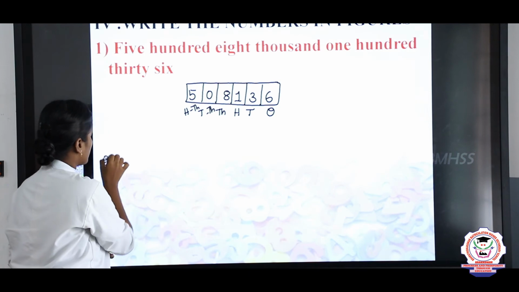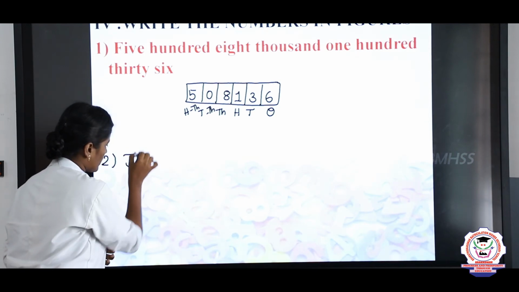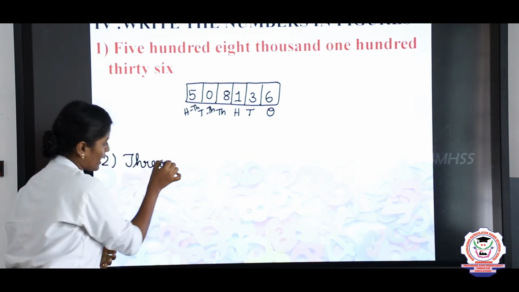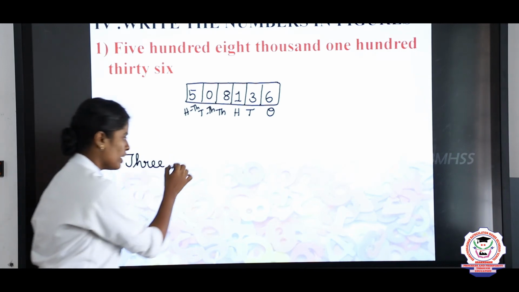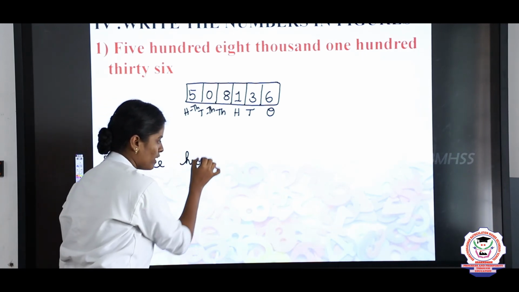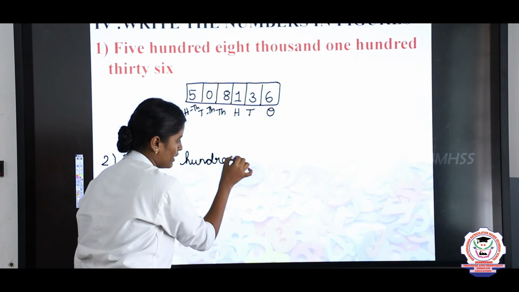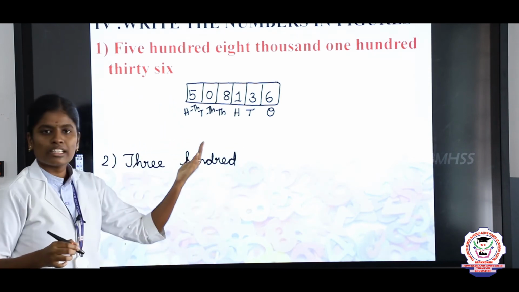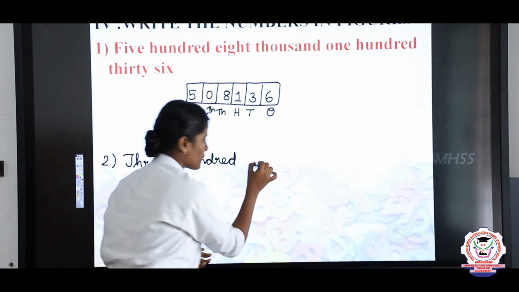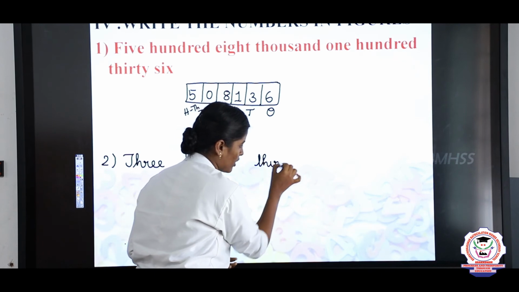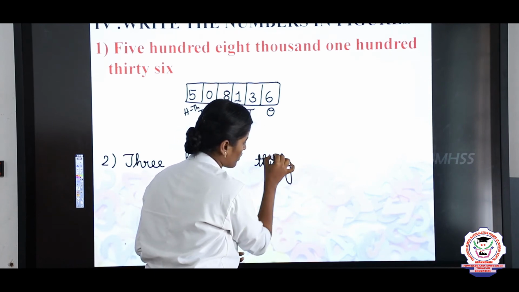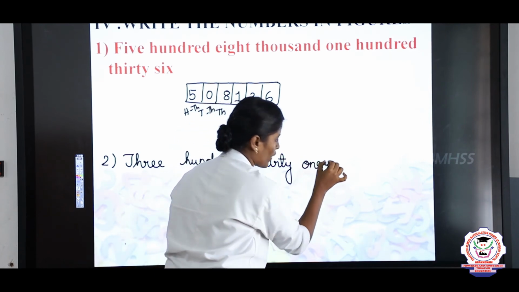Listen. Three hundred, THREE, 300, HUNDRED, thirty-one thousand: THIRTY 30, ONE 1.